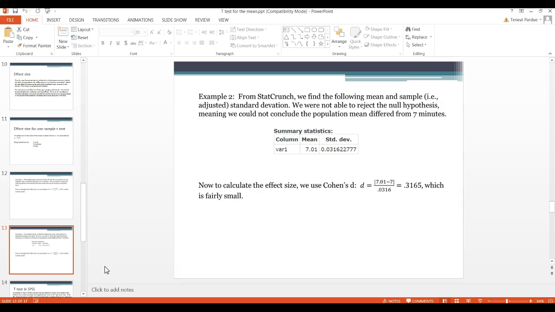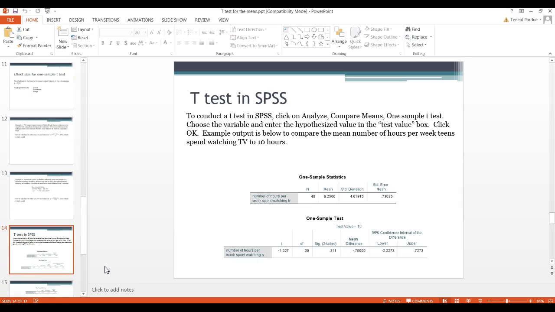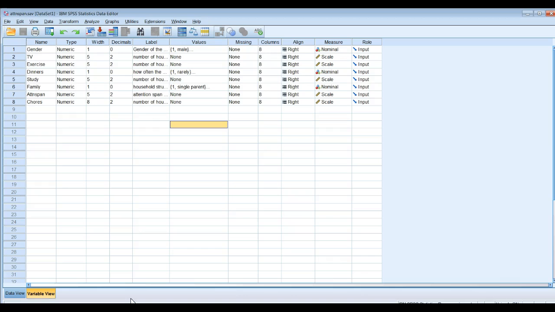And now let's look next at SPSS. So in SPSS, I've got an SPSS file here, and we're going to use this for our examples here.